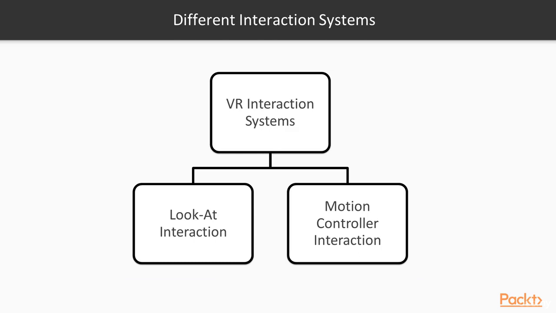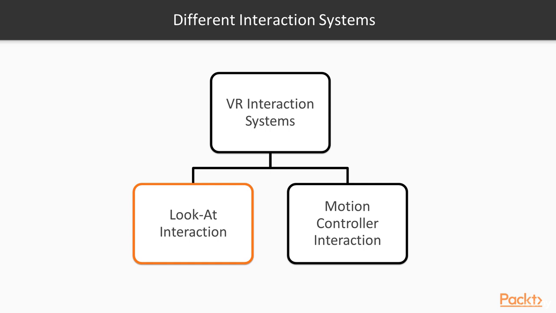In the following videos in this section, we're going to implement a look-at interaction system and create a basic interaction behavior using motion controllers. The look-at interaction system is especially useful when it comes to mobile VR, where inputs are admittedly limited. This system has two notable variations.